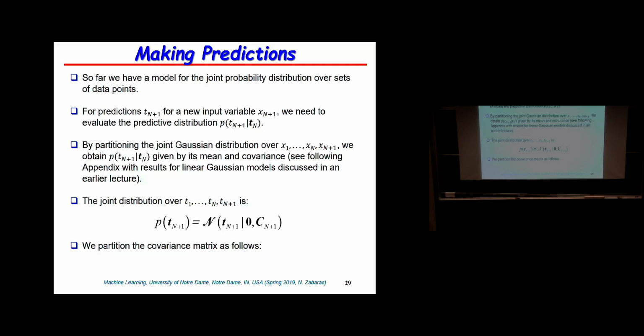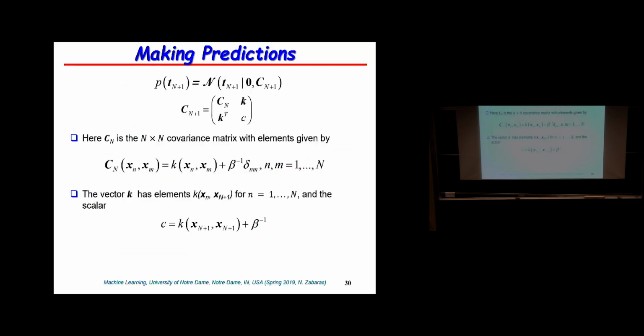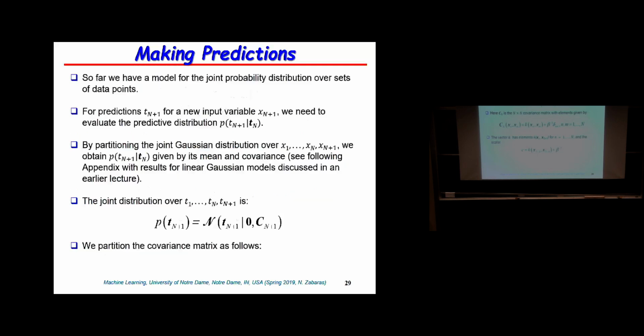So what is the idea now? Here we have the joint distribution of all of these t's, and I want to compute that. So what calculation will you do? We already have the distribution of t1 to tn plus 1, and I want to find t of n plus 1 given t1 to tn.